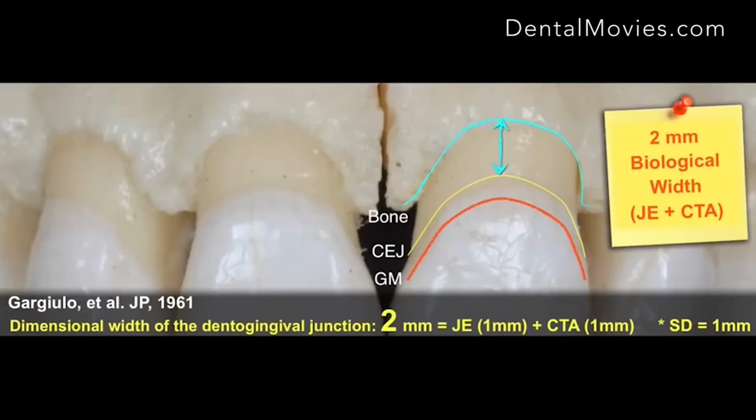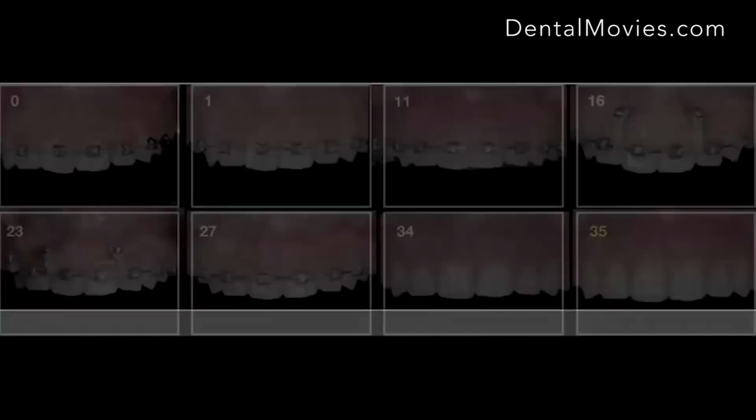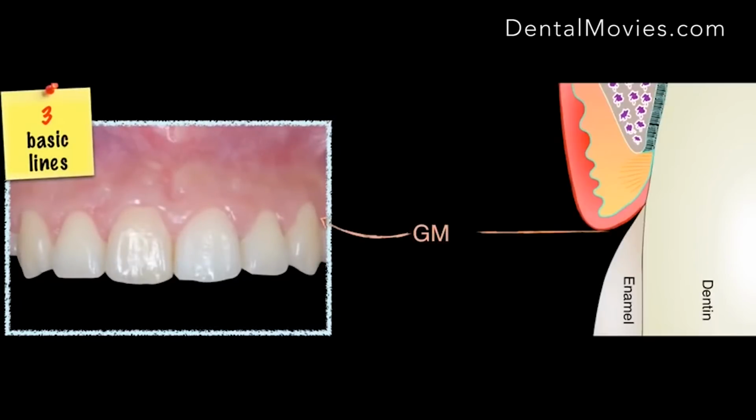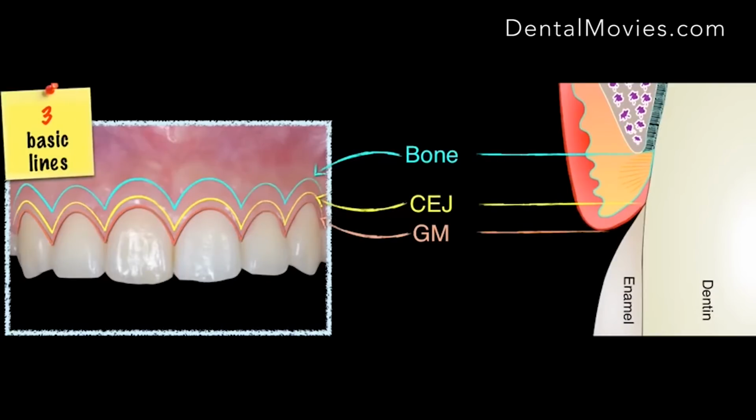So we need to preserve that 2 millimeter biologic width in order to protect the alveolar bone. It's like a protection. So with that basic idea, if we look back and focus on this area and this treatment, and draw those 3 lines for you, it will be the gingival margin, then the second line will be the CEJ, and finally we have the bone level.